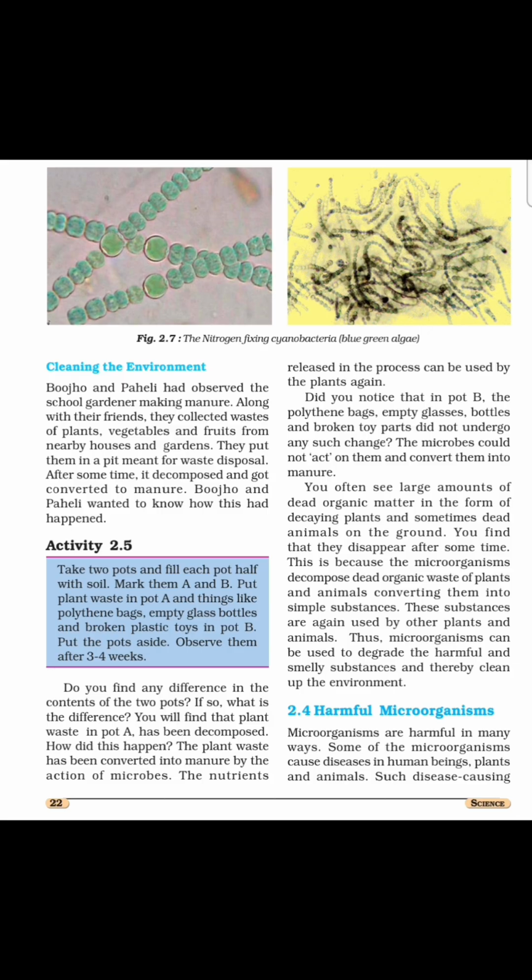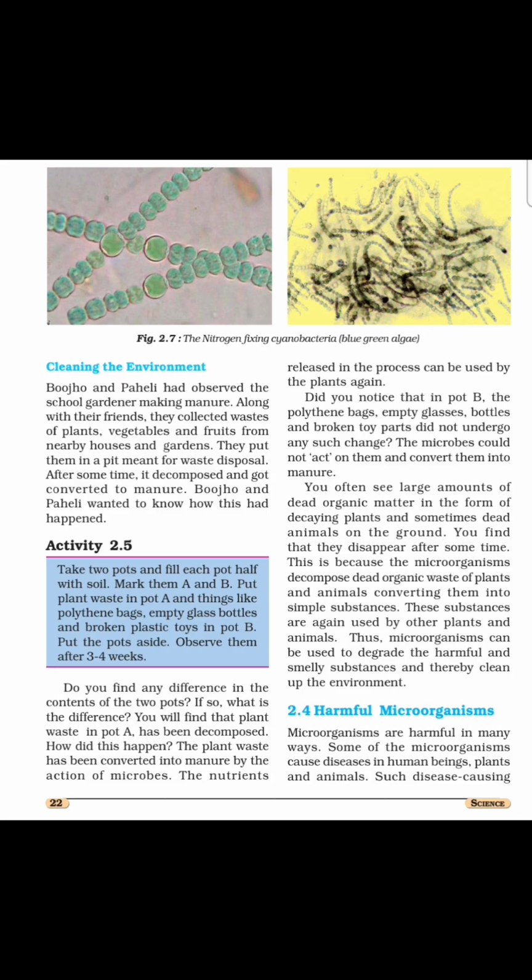Next, you will find that plant waste in pot A has been decomposed. How did this happen? The plant waste in pot A decomposed due to the activity of various microorganisms like bacteria and fungi, naturally present in the soil.